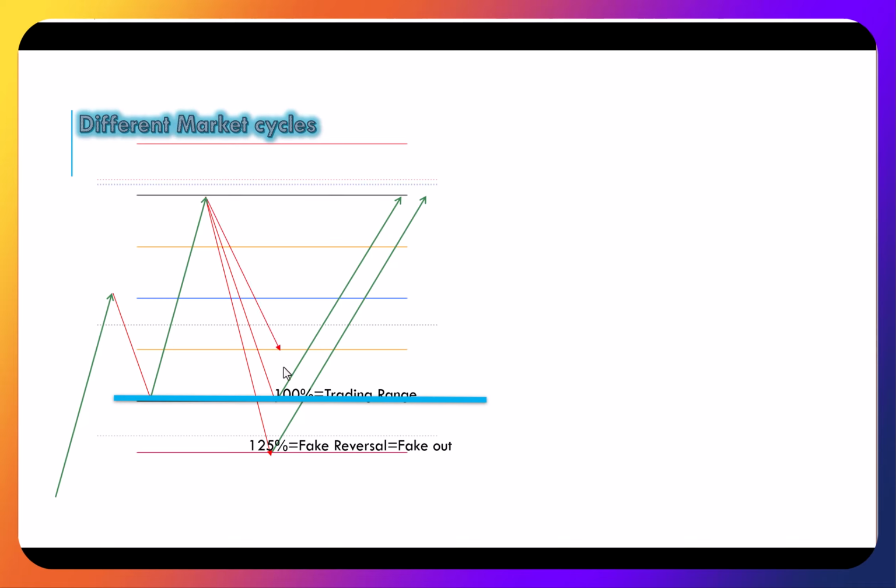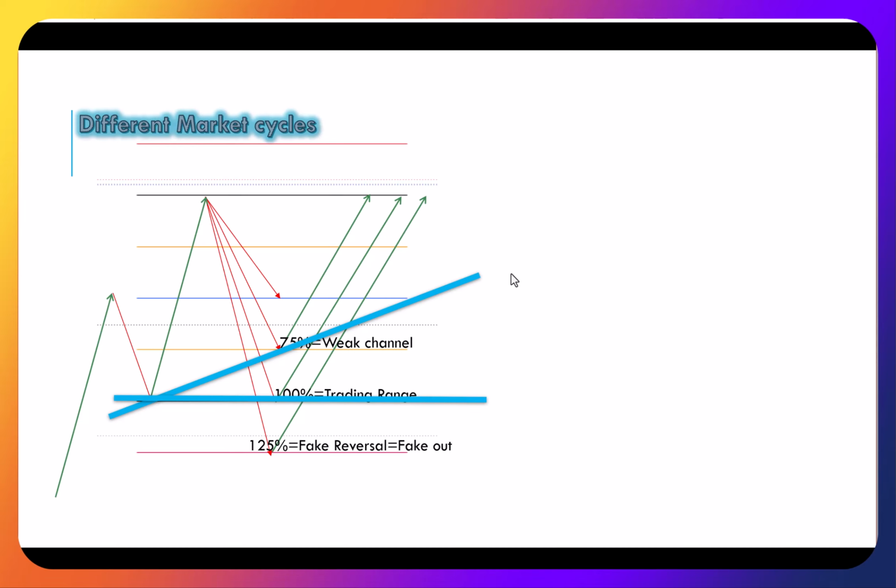And if we have 75% of retracement and the price continues on, it is a weak channel. If we connect this one to this swing, we will have very weak momentum based on the trend line.